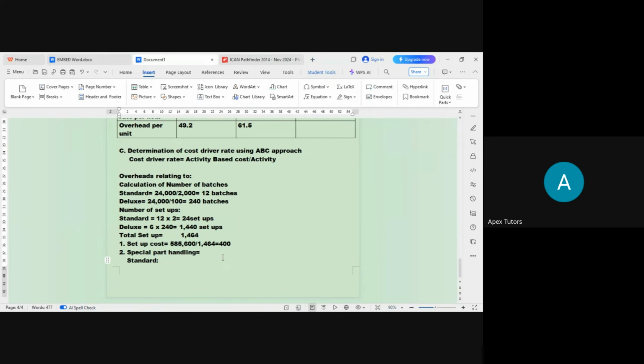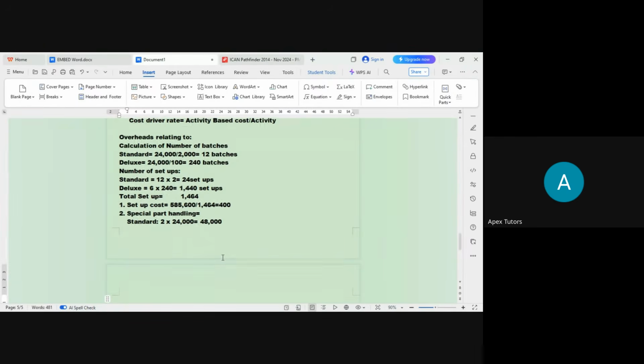So we have 2 handling related to units. The unit for standard is what? 24,000. Now, the number of special part handling will be what overall? For standard, 48.